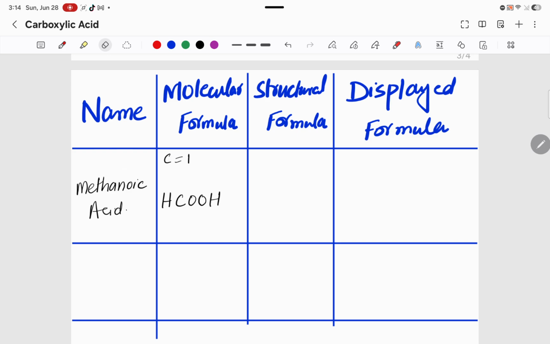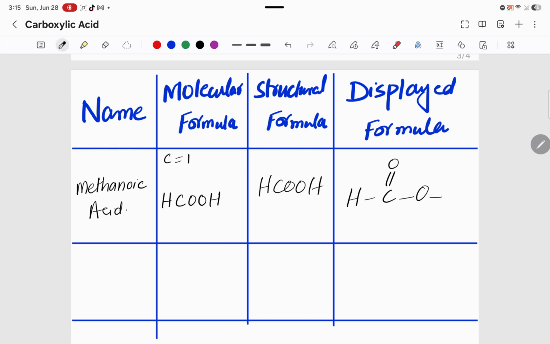Understood? Similarly, the structural formula would remain the same, while in the displayed formula, we have to show all the atoms and all the bonds, so it would be like this. Let's show it as well with the help of one bond.